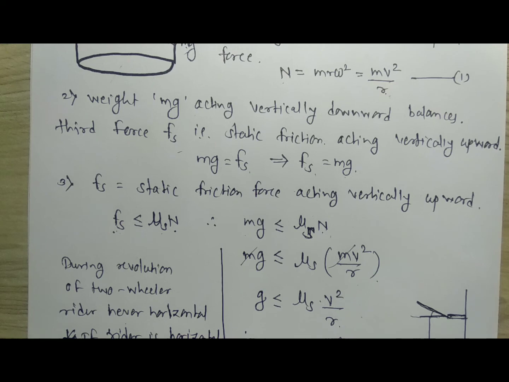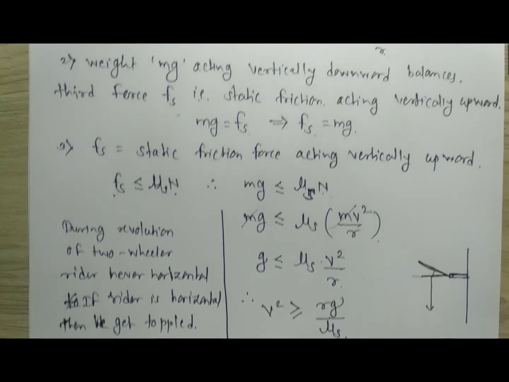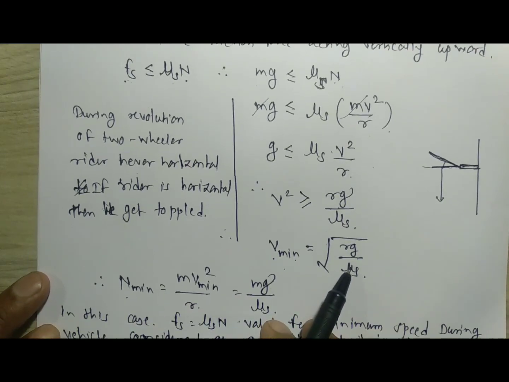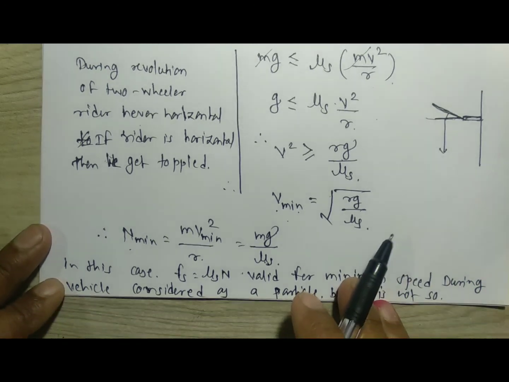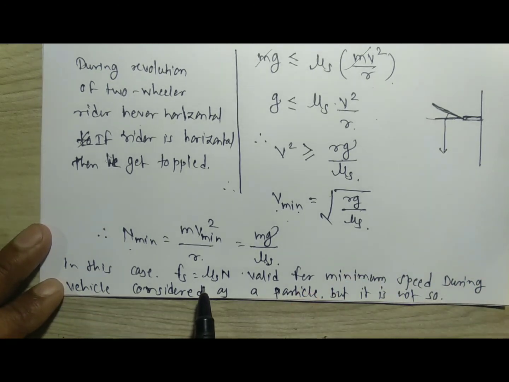Here the minimum velocity of that vehicle which moves on the wall of death is the square root of rg divided by mu s, and therefore the minimum normal reaction is equal to m v minimum square divided by r, and it is given as mg divided by mu s. In this case, Fs is equal to mu s into n.